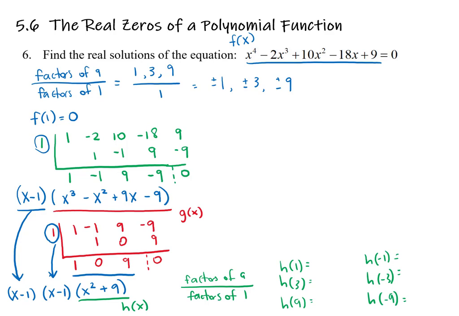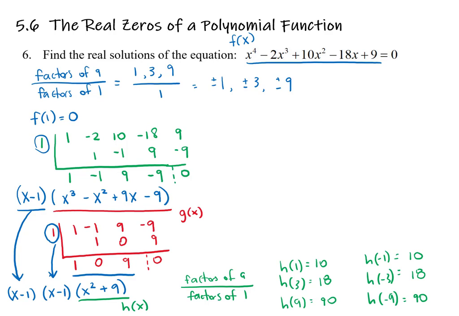And when I plug them in, I get 1 squared plus 9, negative 1 squared plus 9, 3 squared plus 9, negative 3 squared plus 9, and then 9 squared plus 9, and negative 9 squared plus 9. And none of these are zeros, so we don't have any more real solutions.